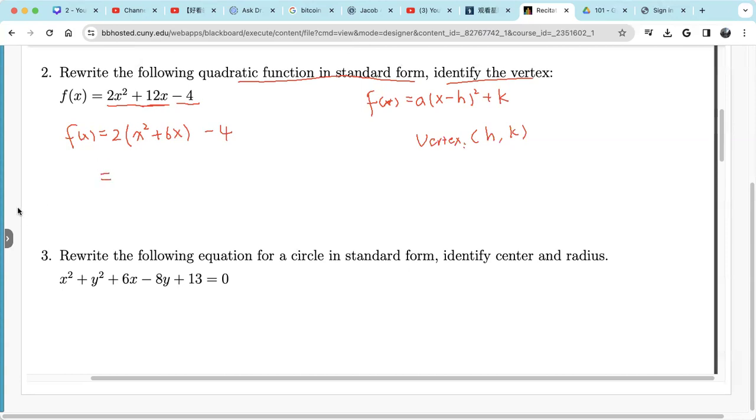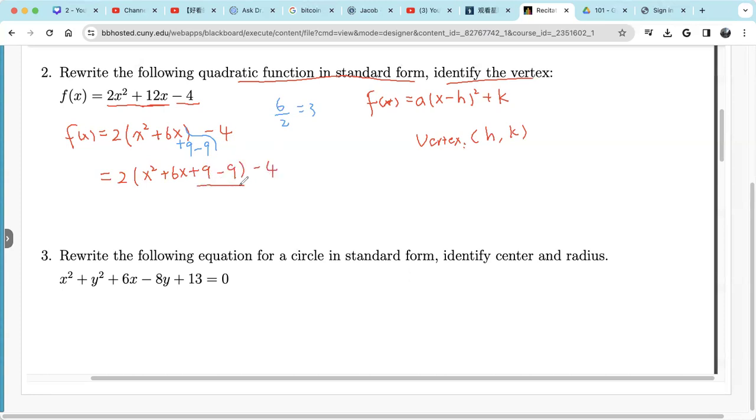But now we're going to add, I'm going to change my color to blue. I'm going to add 9, because 6 divided by 2 is 3. So I want to square 3, which is 9, and subtract 9 inside the parentheses. By doing that, we have 2 times x squared plus 6x plus 9 minus 9, then minus 4.